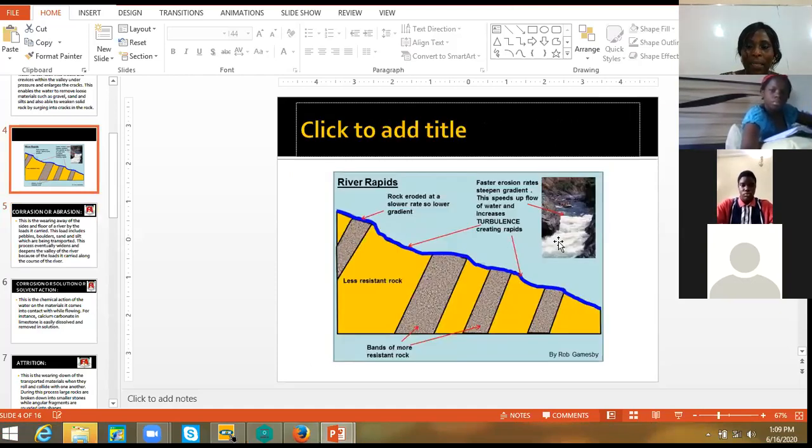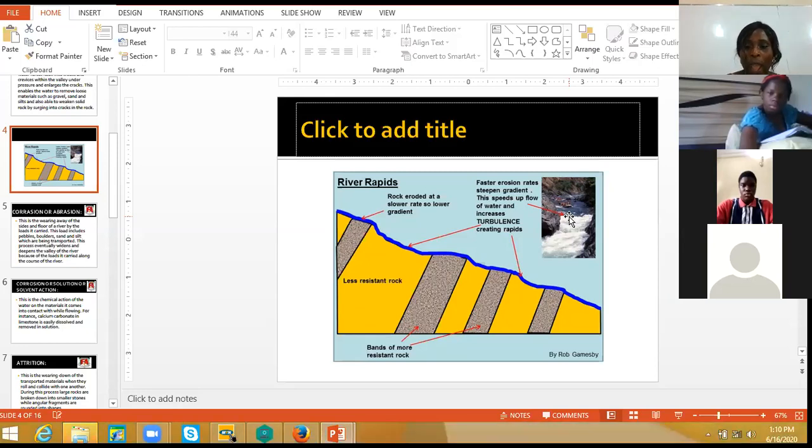As the materials are being transported, they tend to collide or rub this area, rub the floor. Gradually, you discover that this place becomes wider, which forms a feature of the middle course of a river known as widening up of the V-shaped valley into a U-shaped valley, where you have your meander and your oxbow lake. I'm trying to relate it to the last class.